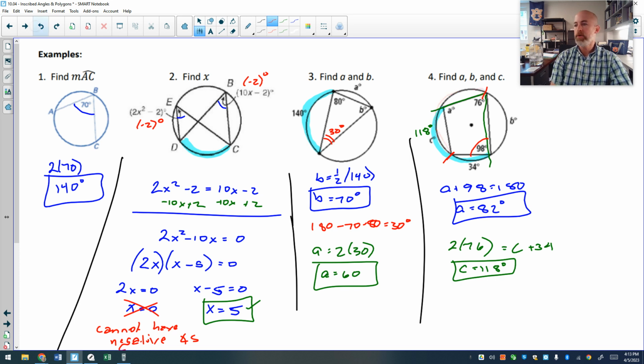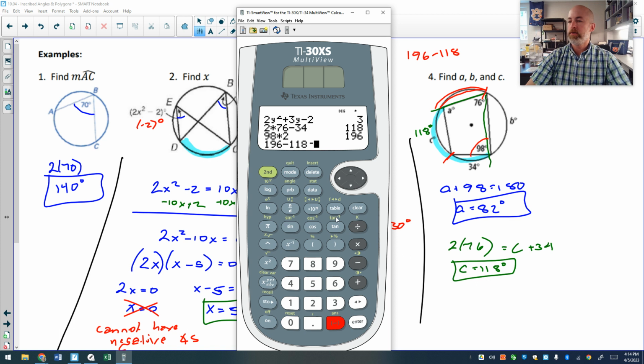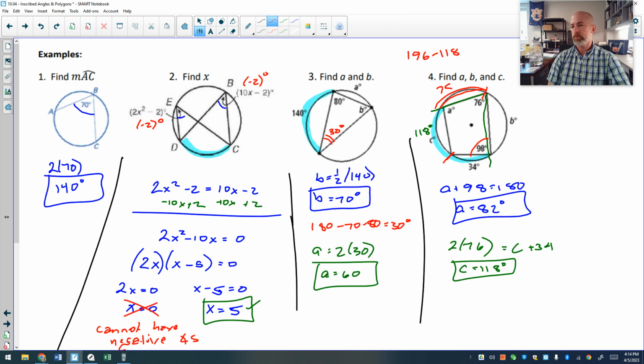So what I'm going to do is make note that this piece is going to be 196 minus 118. I'll throw that in the calculator because I'm not going to make some stupid mistake and end up messing this up. So 196 minus 118 gives me 78 degrees, 78.